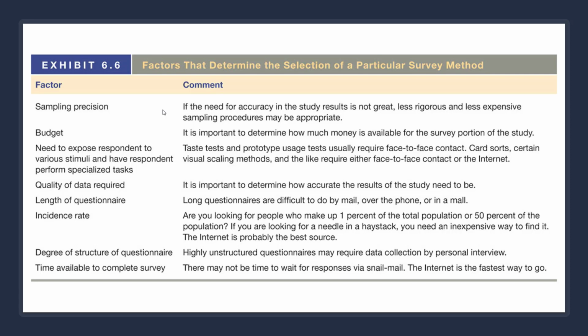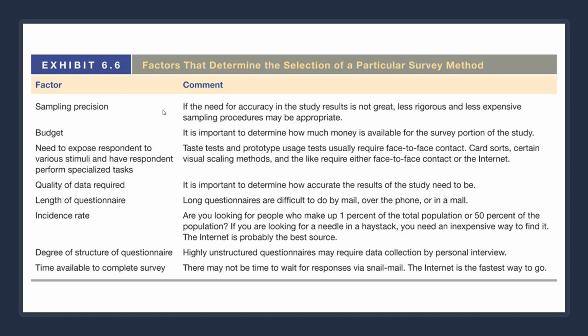But on the other hand, if you want to do a survey among Latino students, we have more than 40%. That's very, very easy to get. That's why we call it incidence rate. If you have a low percentage of a particular segment of the population, then it's a low incidence rate. If you have a high percentage of the segment in the population, then you have a high incidence rate. You don't want to find the so-called needle in a haystack. If you do that, it's going to be very expensive.